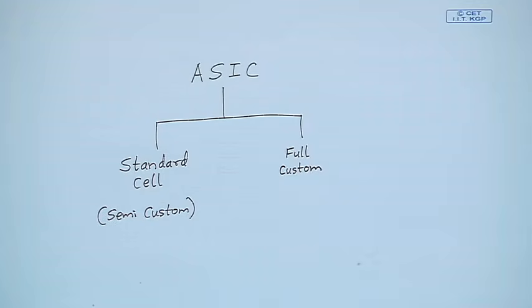In these approaches, the basic idea is that you have to go through all the steps of fabrication. So your fabrication cost is not changing, right. What is changing will be your design cost. In case of standard cell, you are using some pre-designed cells from the library, you are picking them up and putting them in your designs.